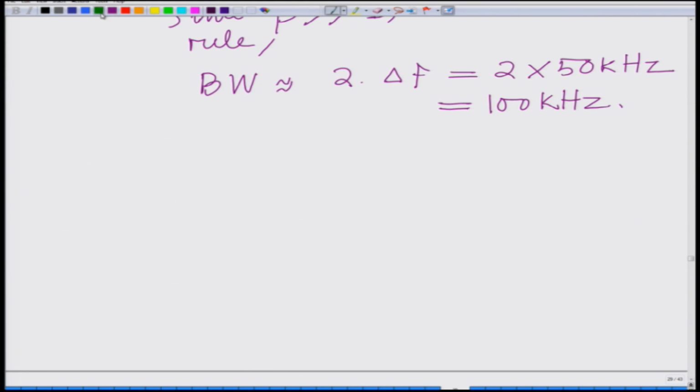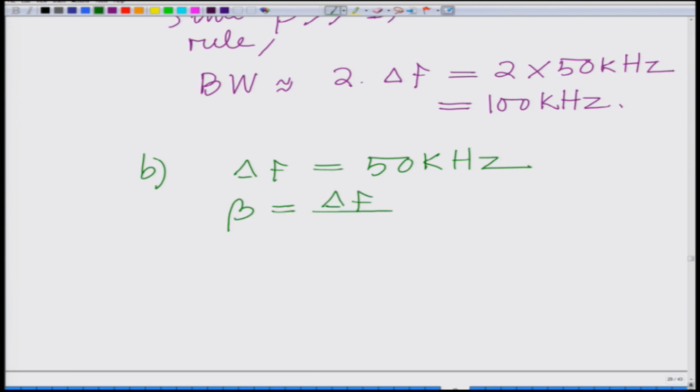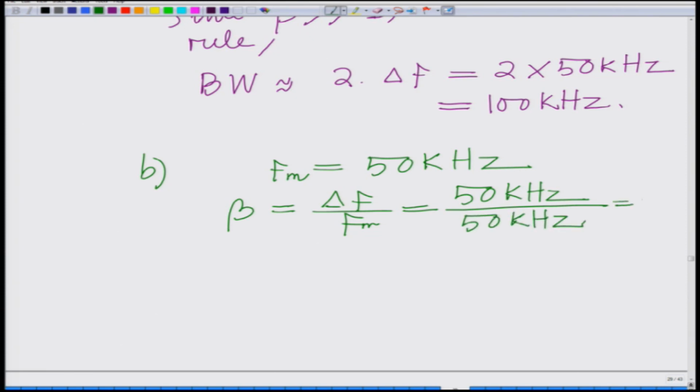In case B, we have delta F equals 50 kilohertz, and again beta equals delta F by FM. Delta F equals 50 kilohertz, FM is also 50 kilohertz. Delta F by FM is 50 kilohertz divided by 50 kilohertz, which is equal to 1.